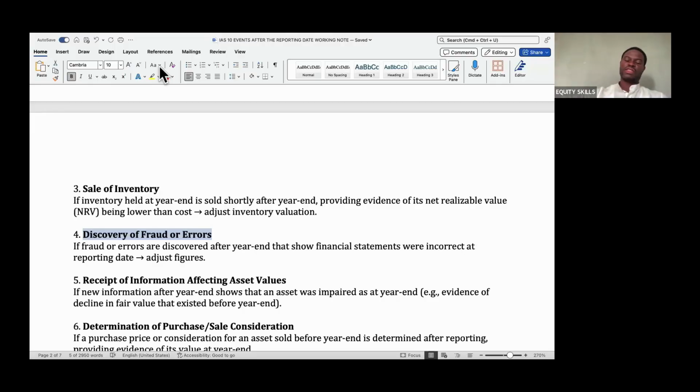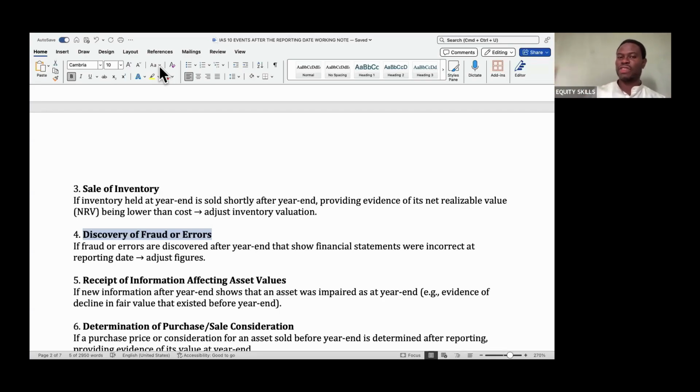So you just treat it in the current year. You update whatever item it is affecting in the current year. The discussion here is, should we adjust the previous year's figures or not? You can only adjust if the event happens between the reporting date and the authorization date.